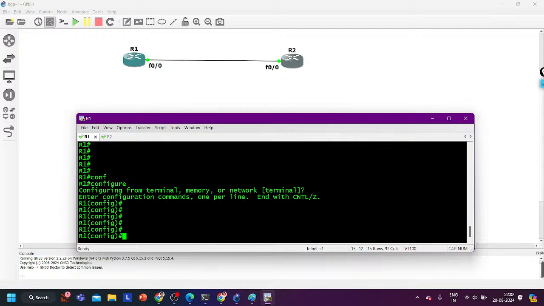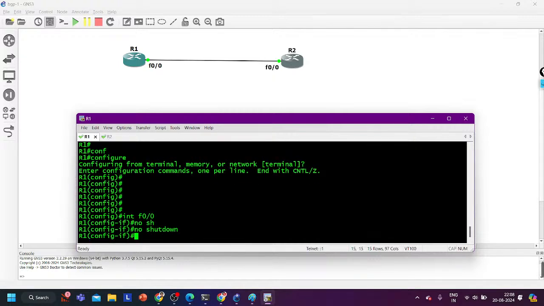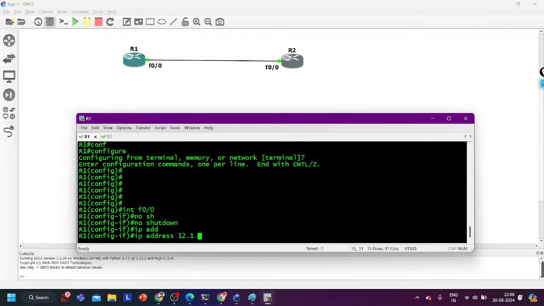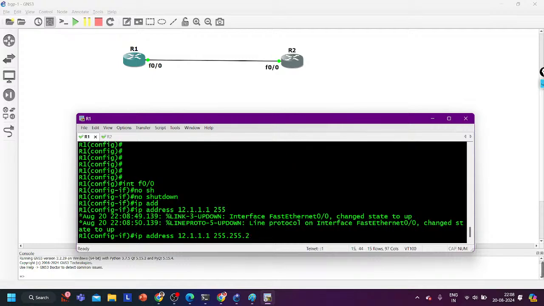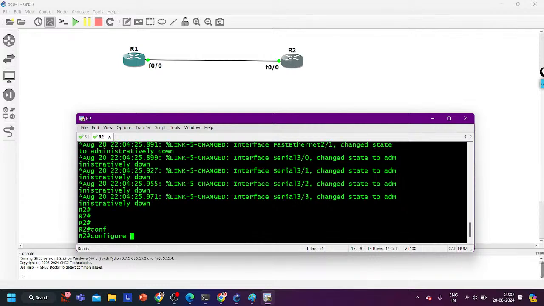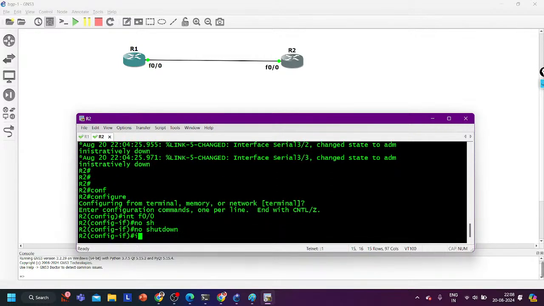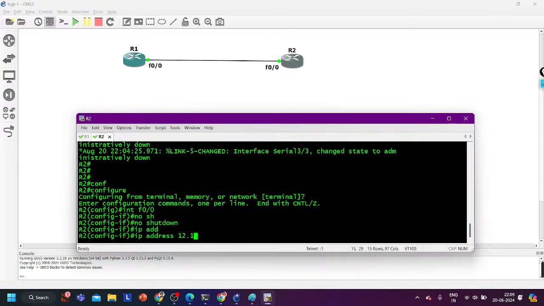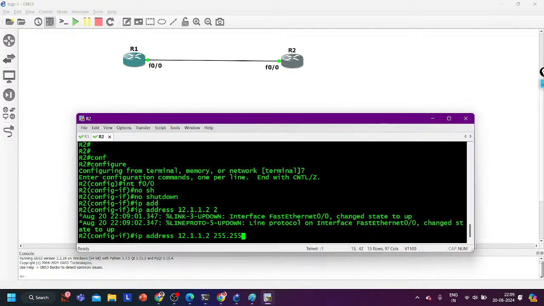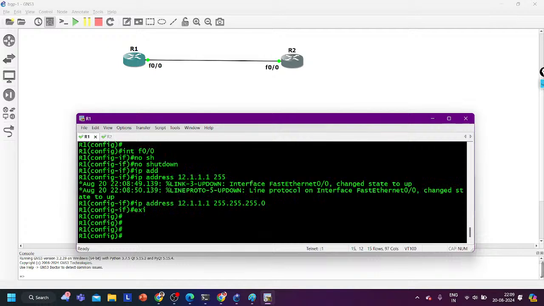Config T, interface F0/0, no shut, and IP address 12.1.1.1 255.255.255.0. Router 2, config T, interface F0/0, no shut, and IP address 12.1.1.2 255.255.255.0. Now I am going to enable BGP.